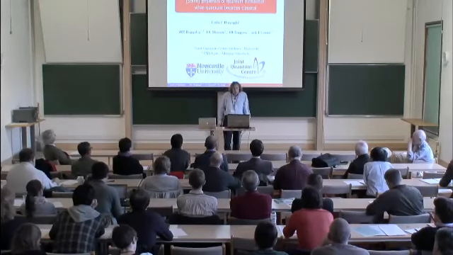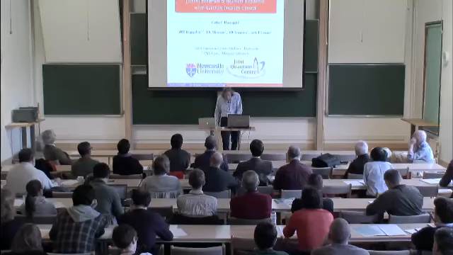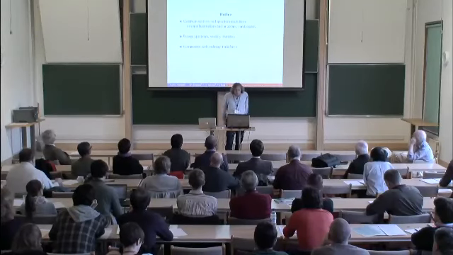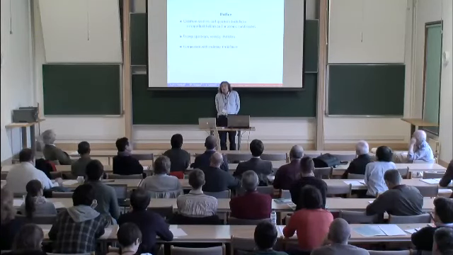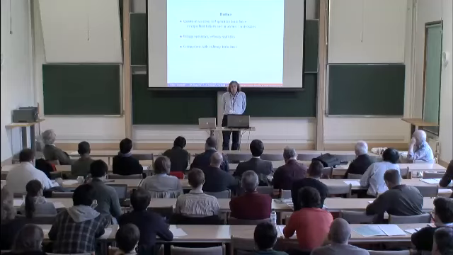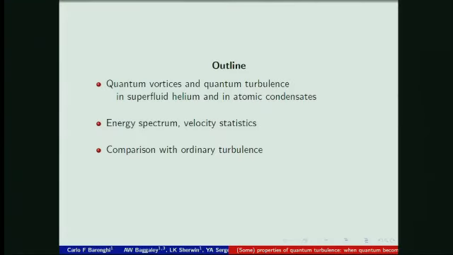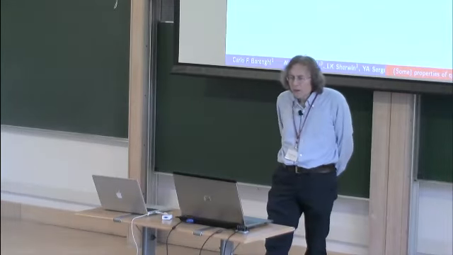So my title is When Quantum Becomes Classical. I'll describe the context, which is superfluid helium, quantum vortices in superfluid helium, what we mean by quantum turbulence, turbulence in Bose-Einstein condensate, and concentrate on two main properties of homogeneous isotropic turbulence away from boundaries, the simplest case: the energy spectrum and the velocity statistics.